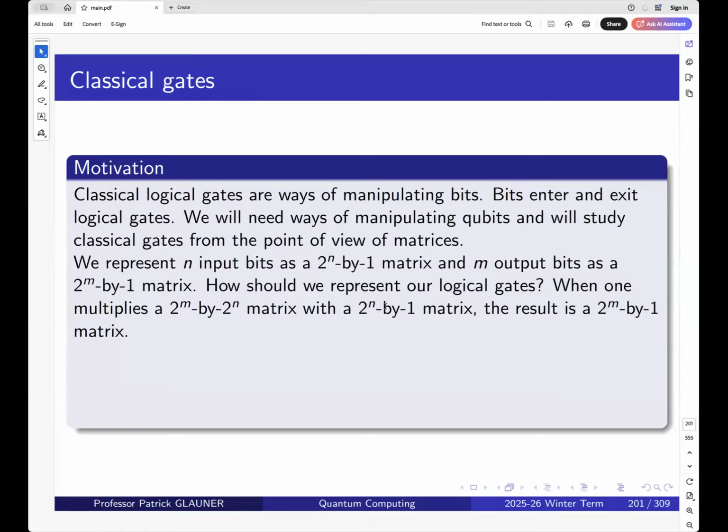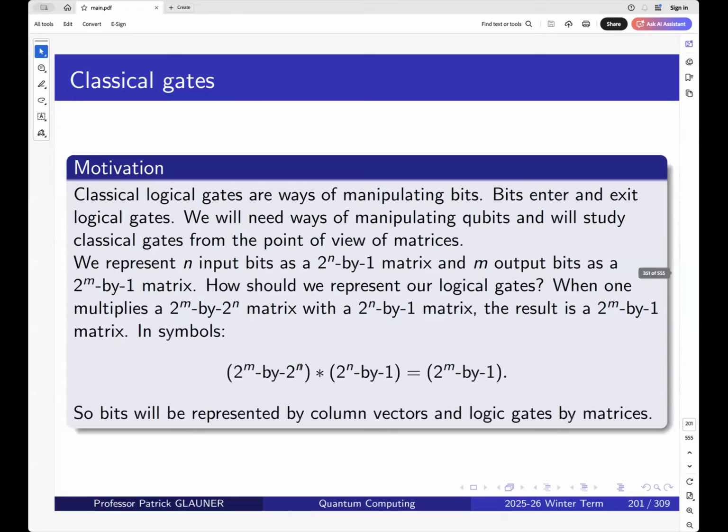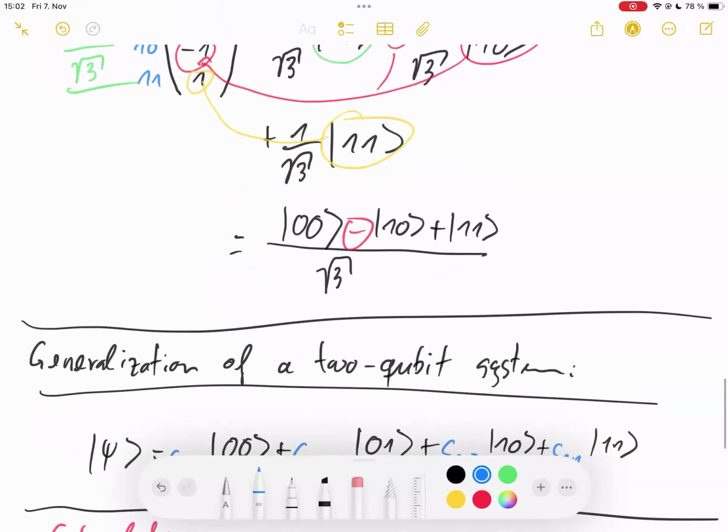And that's why, in order to make this happen, when I multiply this vector here from the right, I want to get that output. My matrix needs to have 2 to the power of m many rows and 2 to the n many columns. It's also a motivation here for this, just in symbols. But we will look at some examples and see that this actually works. And we will just formalize our classical binary gates. And once that's done, you'll see it's fairly easy to use all of this for quantum as well.